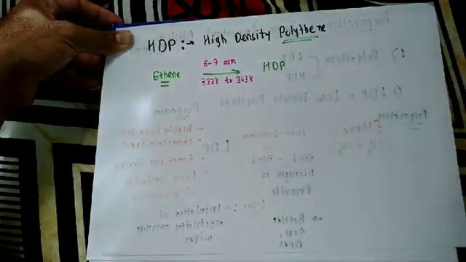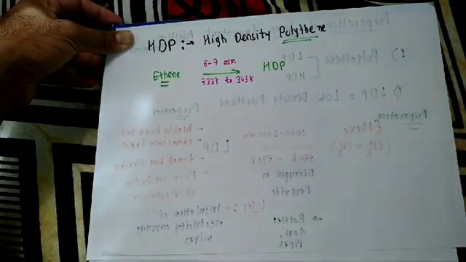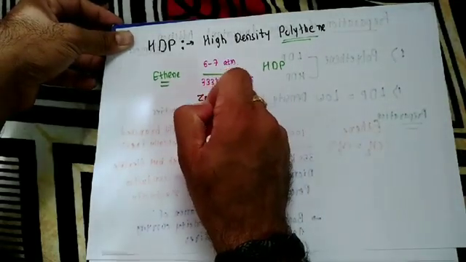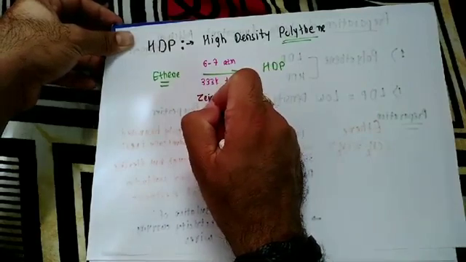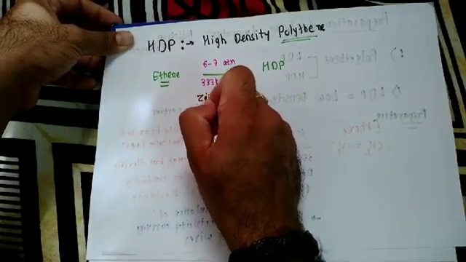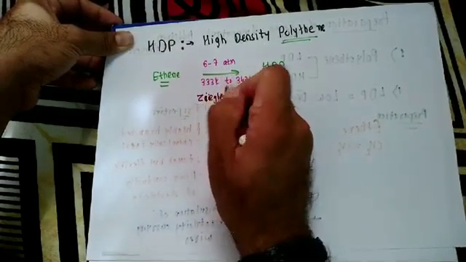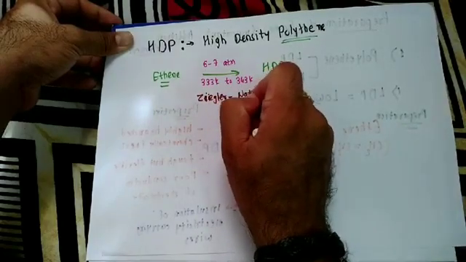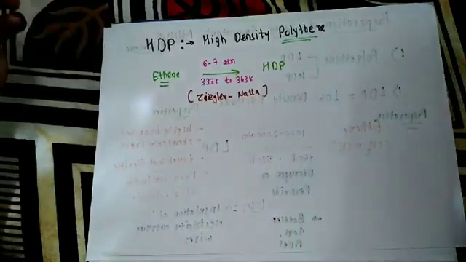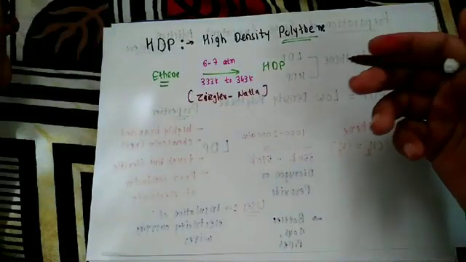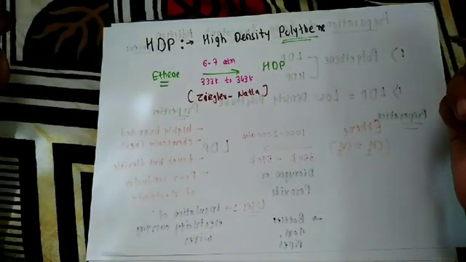In this case a special type of catalyst is required, and the name of the catalyst is Ziegler-Natta catalyst. The name of the catalyst is based on the name of the scientists who discovered it.